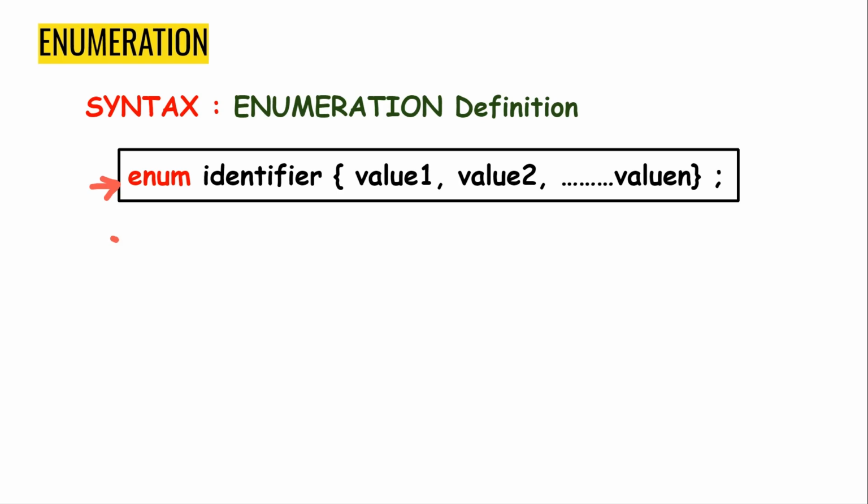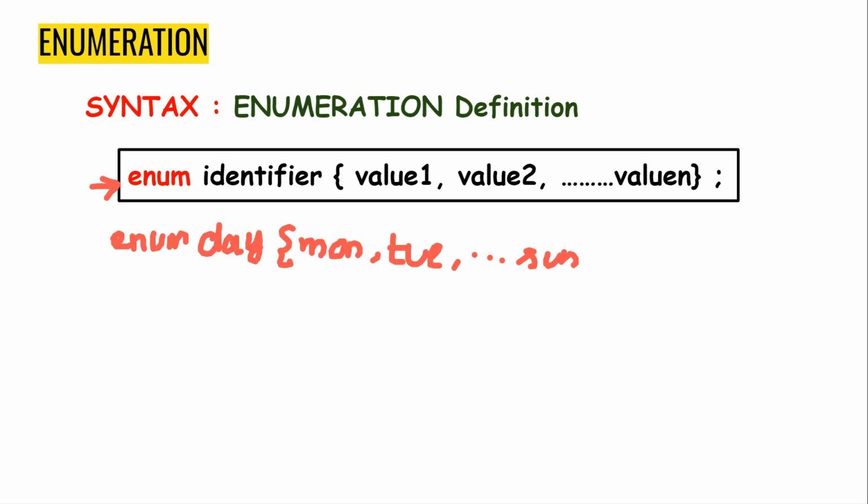The values within the braces are called the enumeration constants. Say for example, enum day, within the braces, we give the 7 days of the week: Monday, Tuesday, etc. up to Sunday.